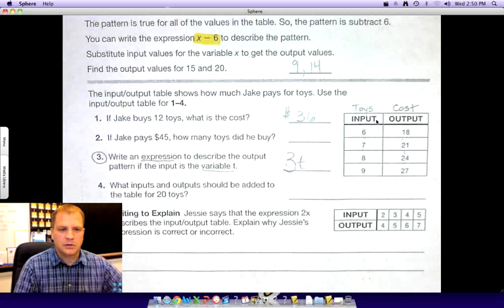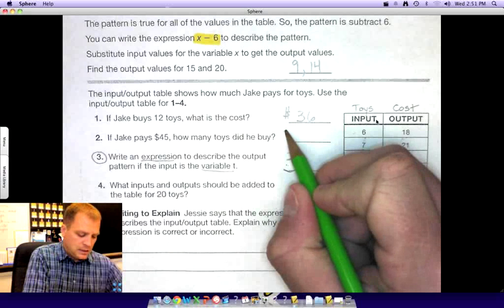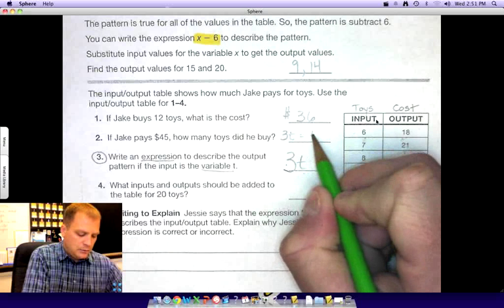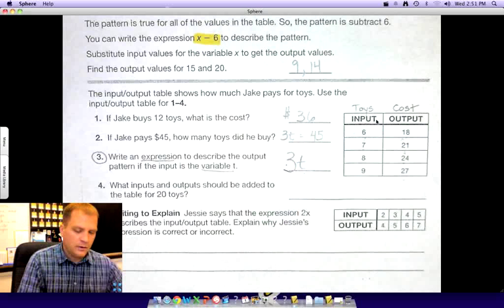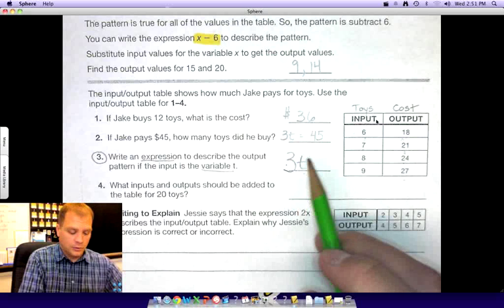And finally, number 2, if Jake pays $45, how many toys did he buy? In this instance, we are actually starting with the output, and we are going backwards trying to find the input. So I could say that this is going to be 3t equals 45, and now I have to solve for t, the number of toys.